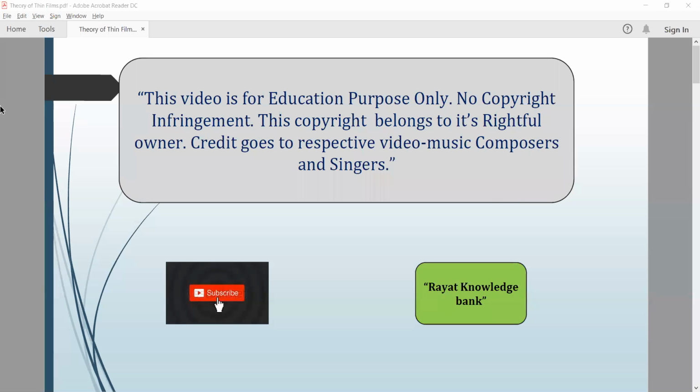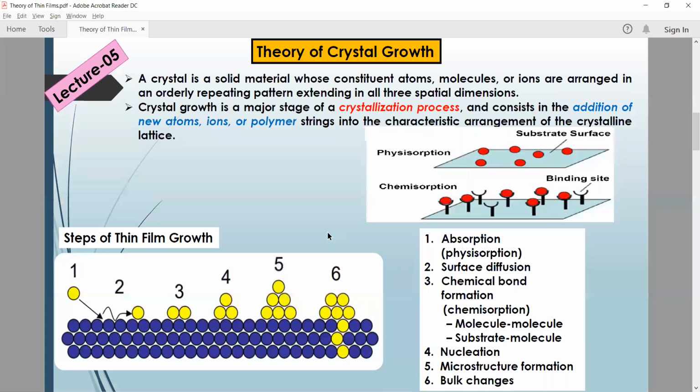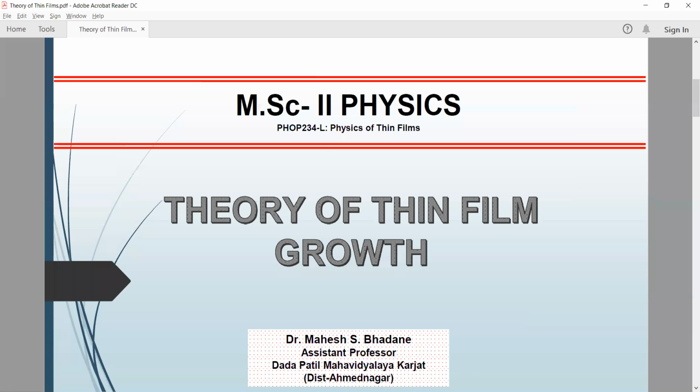Okay, so very warm good morning to all. Yesterday we discussed the topic of theory of thin film growth, and we also started some points on the basis of thin film growth.